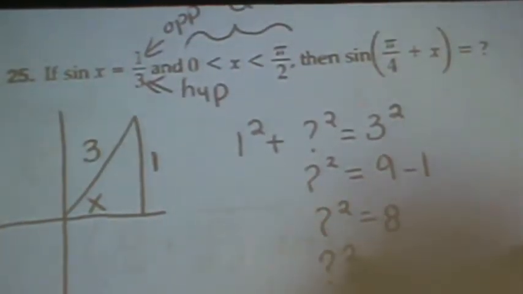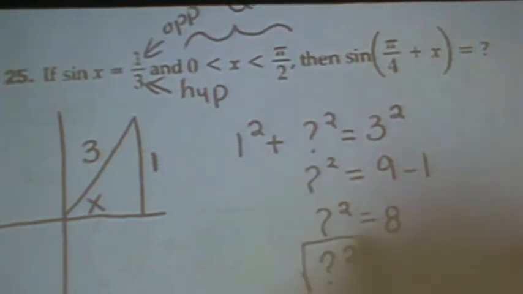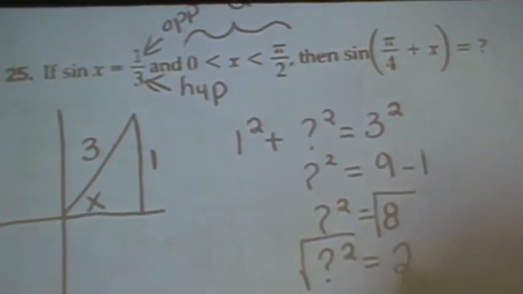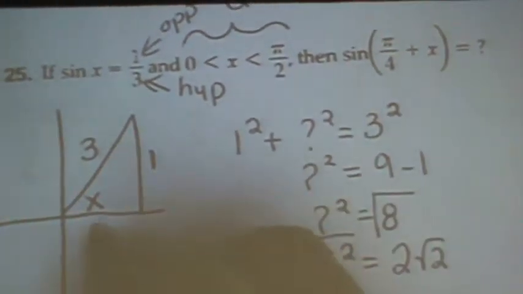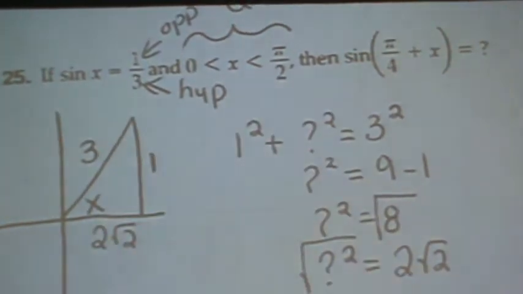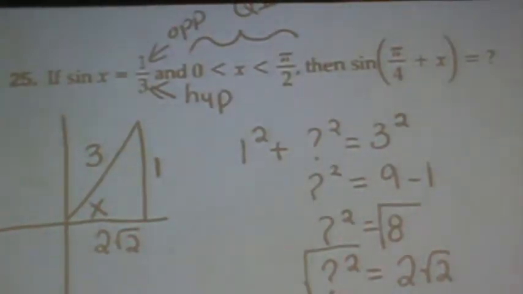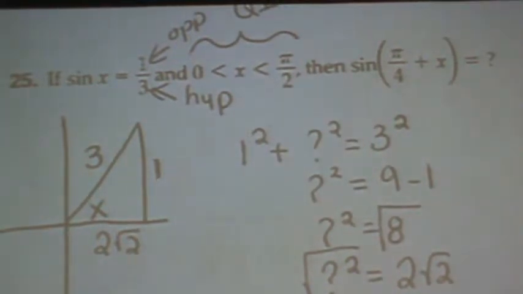You take the square root of both sides, so this would be 2 root 2. Or you could just say square root of 8 if you wanted to. So then what you want to do is figure out this identity.